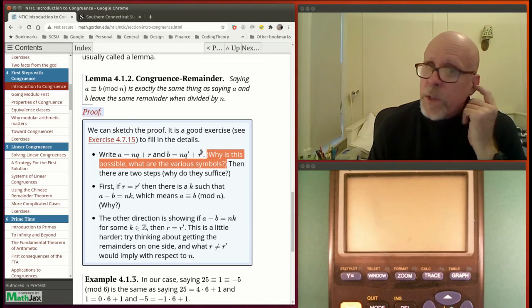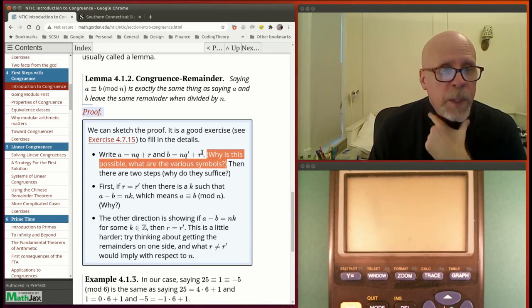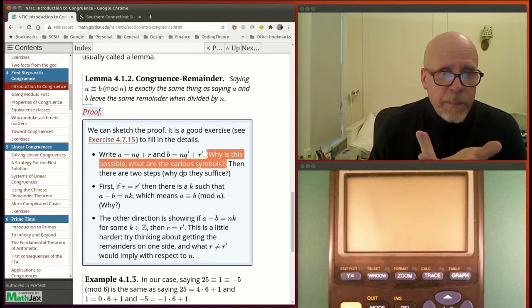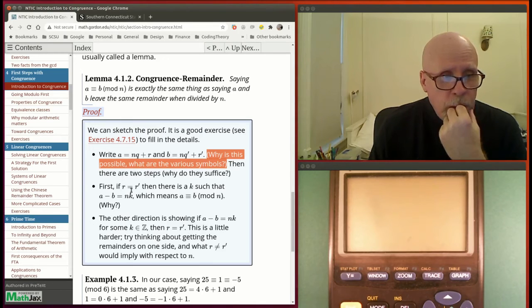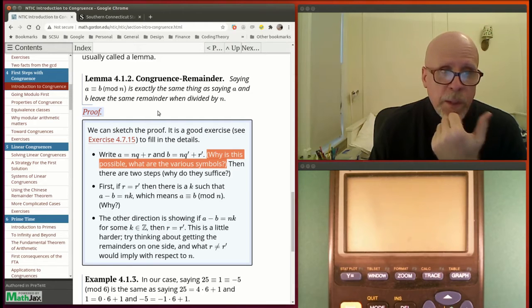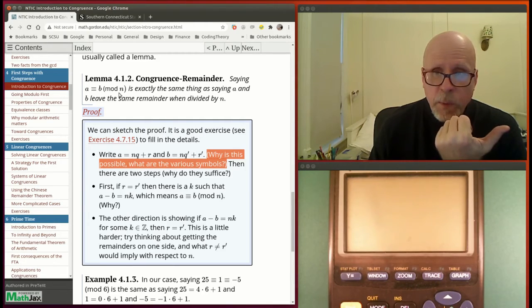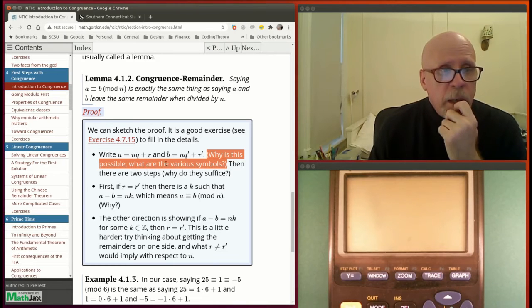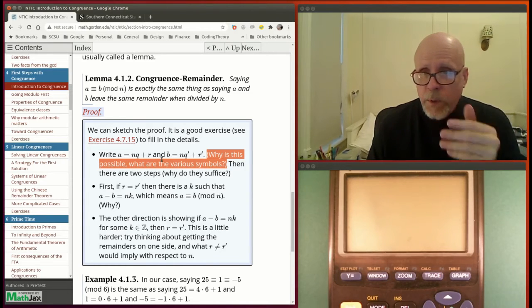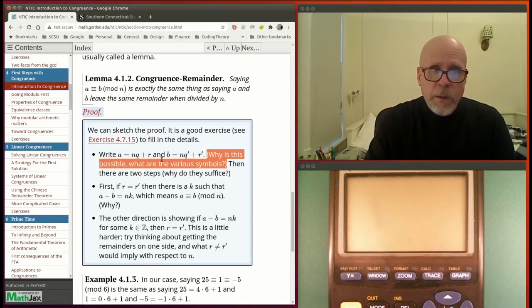It's because of the division algorithm, or the QR theorem. And then once you've got that set up, what do you do? Well, you first show that if r and r prime are equal, then you'll have the definition of the congruence, and then you do vice versa. So it's an if, and then it's an only if.